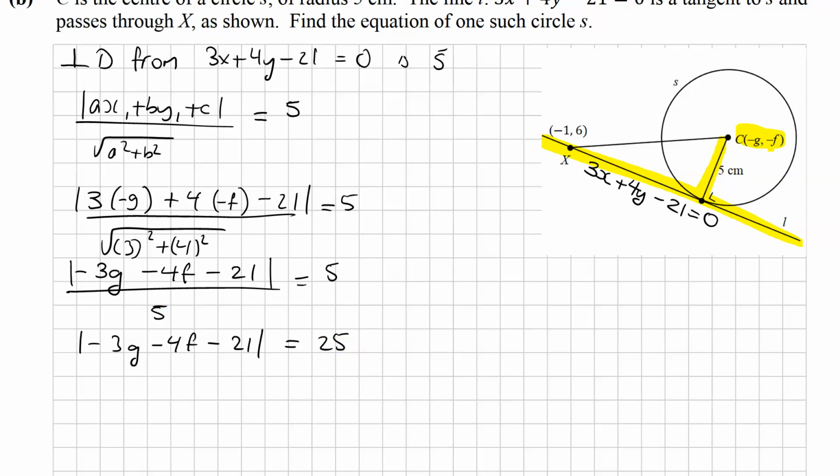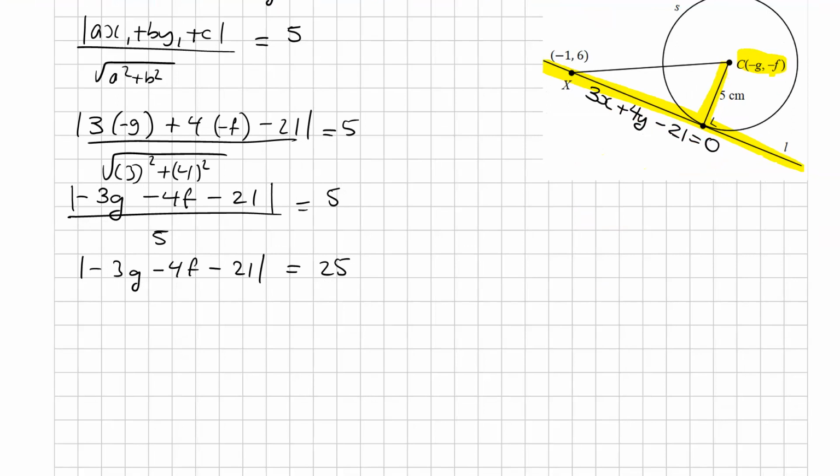Okay, so from this I can actually make two equations. I can get minus 3g minus 4f minus 21 equals 25, or minus 3g minus 4f minus 21 equals minus 25.